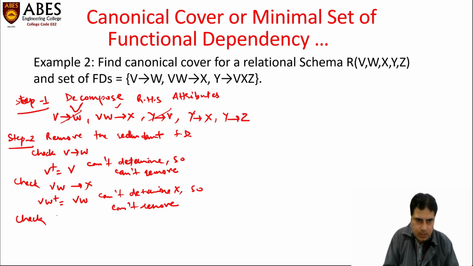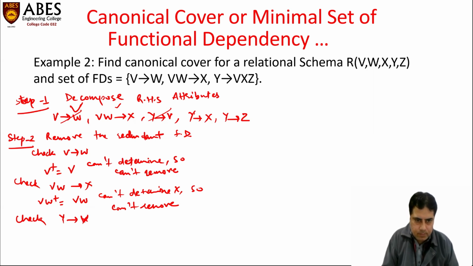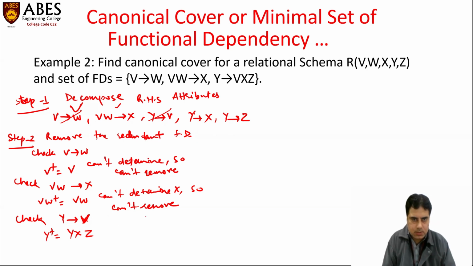Now check for this Y determine V. Sorry. Y determine V. Now take the closure set of Y. Now from Y we can determine Y. From Y we can determine X. From Y we can determine Z. From Y we cannot determine anything else.